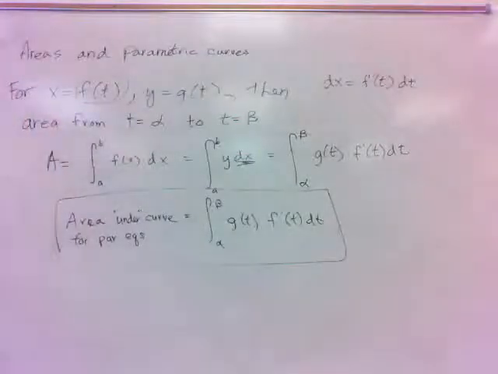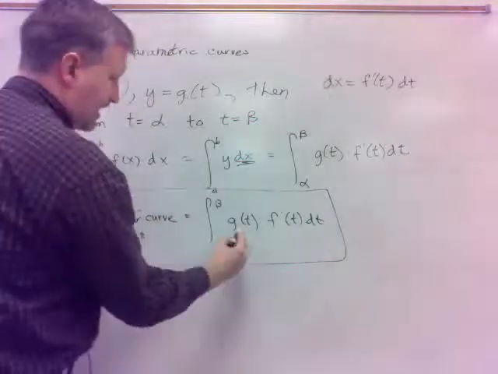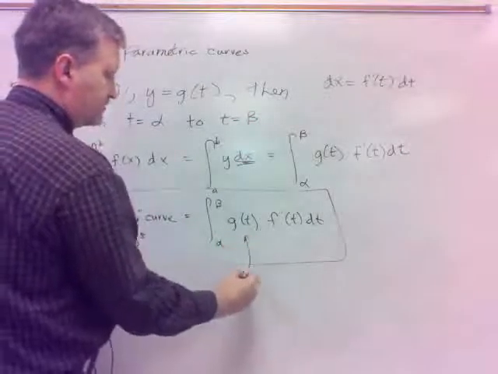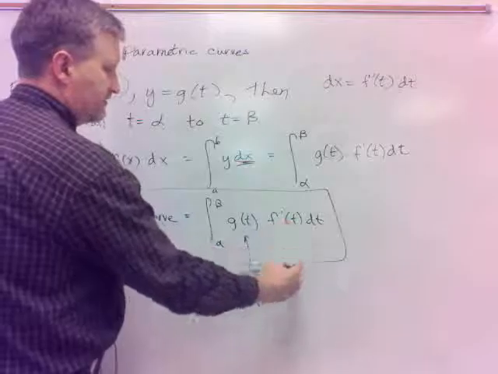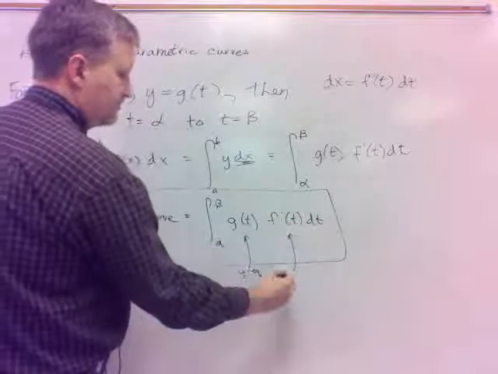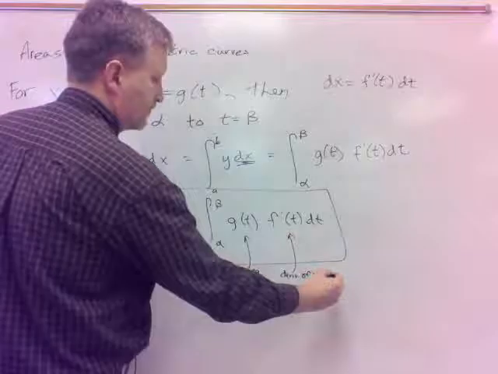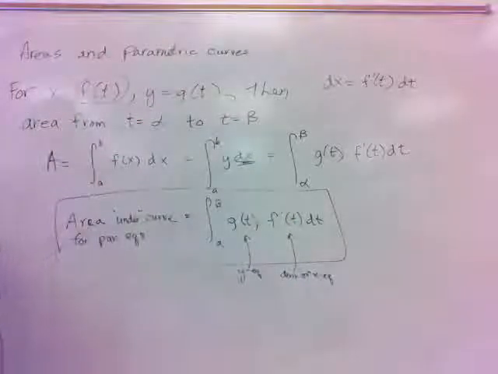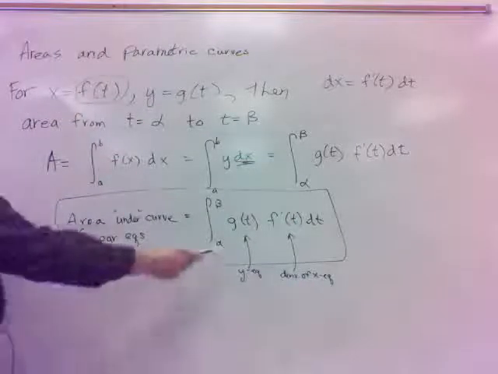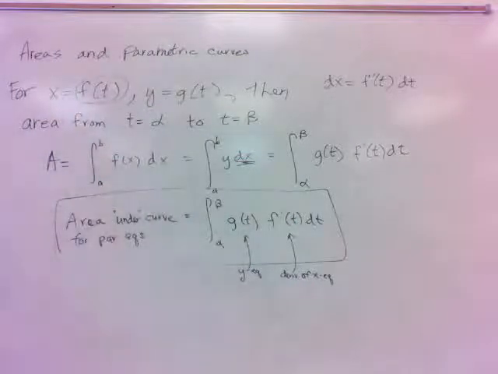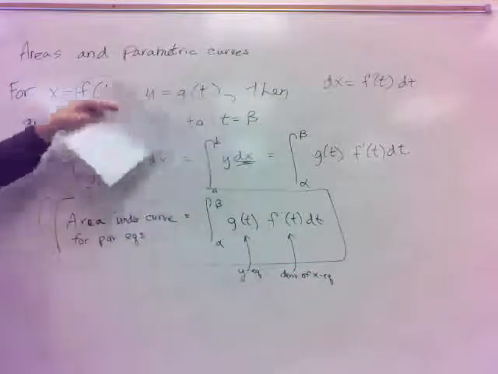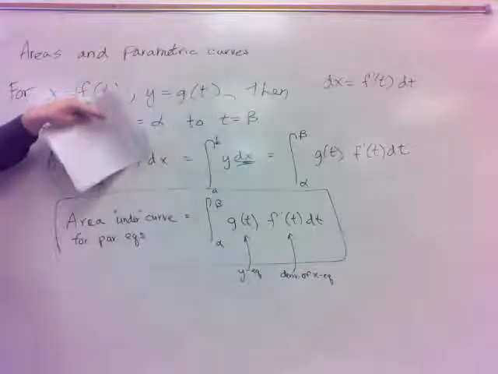Okay? So let's do one. So what does it work out to be? Well, you take your y equation times your derivative of your x equation in your parametric format there, and then from whatever t values you want to. So it's the straight up y equation times the derivative of the x equation.